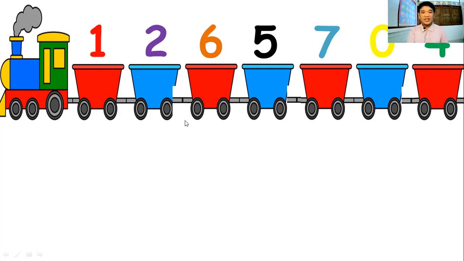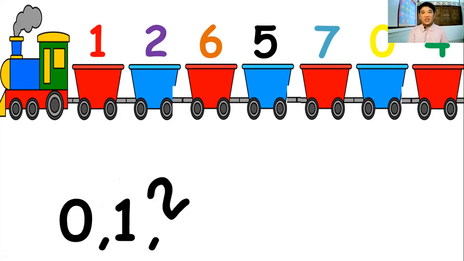Again, let us order the numbers from smallest to greatest. But how? Okay, so the smallest number is 0. And after 0, what's next? Very good. It's 1. And after 1, we have 2. And after 2, what's next?